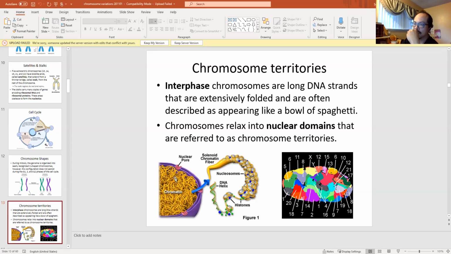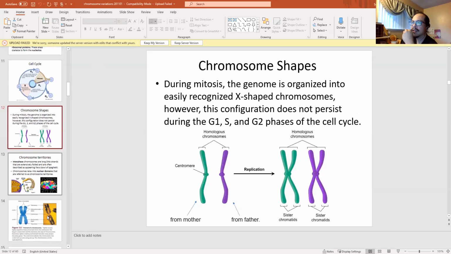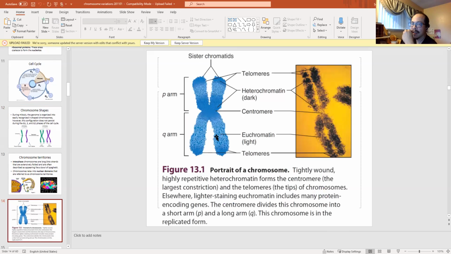We can distinguish based on the staining, and we can see that they are located in different territories. So that's that. So this one is difficult to analyze. So we will use this one to describe to you some of these chromosome shapes, chromosome variations.